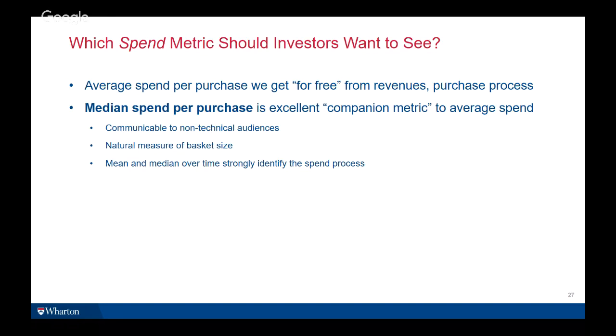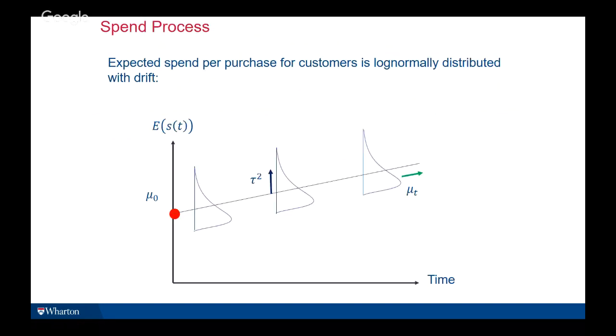Oh, exactly. Yes, that's why, backing up to this slide, this is actually a log normal distribution for the expected spend per purchase for a particular customer. So you could imagine that the actual individual spends might be another log normal distribution. So it's almost like there are two levels of log normal distribution going on here. And that actually is very analogous to a model that Professor Pete Fader and Bruce Hardie used in a previous paper.